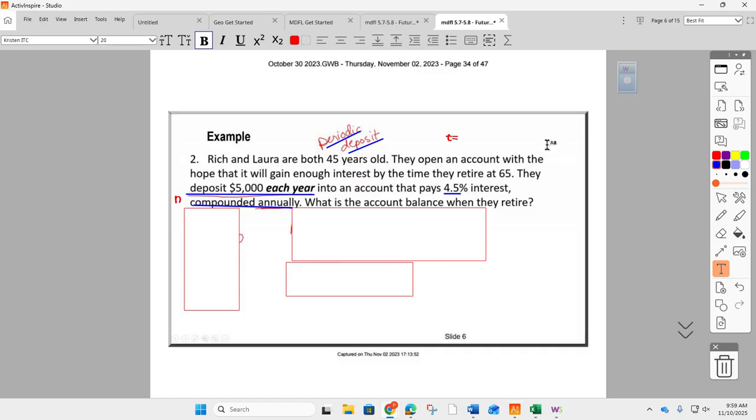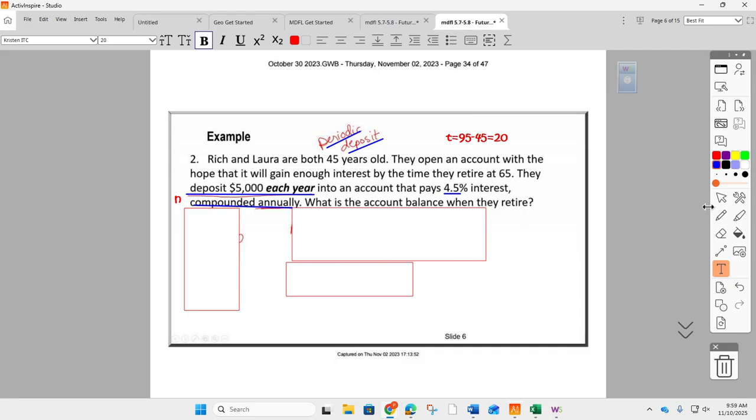They tell you they're 45, and then when they're going to retire at 65. So 65 minus 45 gives you the time of 20 years to invest this money.